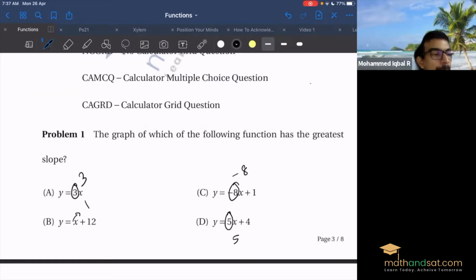So which option satisfies the condition given in the question? Greatest slope. Is it -8? No, -8 is a negative number. There are positive quantities there. There is 1, there is 3, there is 5. Greatest slope goes to this function, right? Am I right?